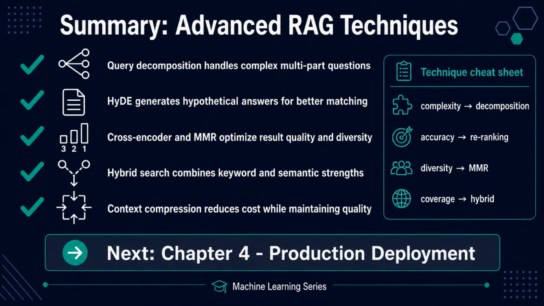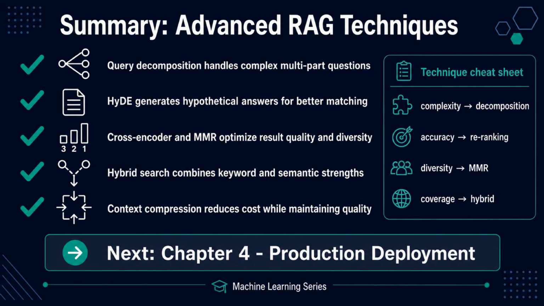Let's recap Chapter 3's key techniques. Query decomposition handles complex multi-part questions by breaking them down. HyDE generates hypothetical answers for better document matching. Cross-encoder re-ranking and MMR optimize result quality and diversity. Hybrid search combines keyword and semantic search strengths.